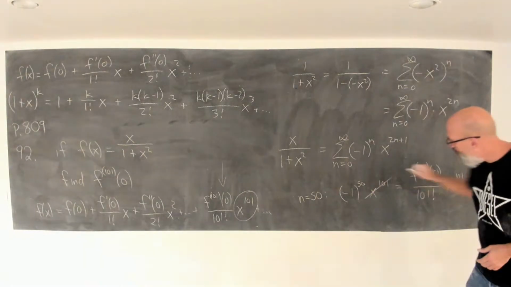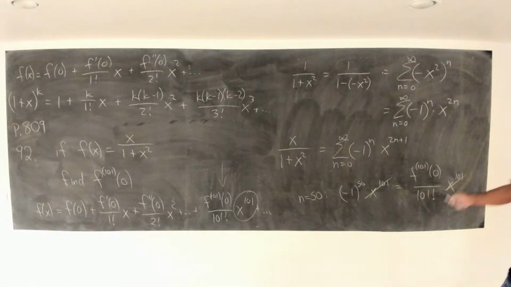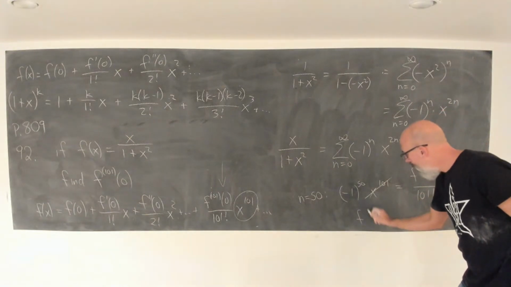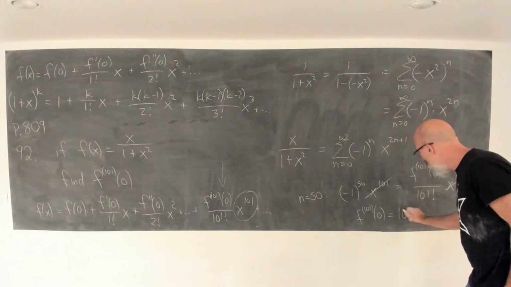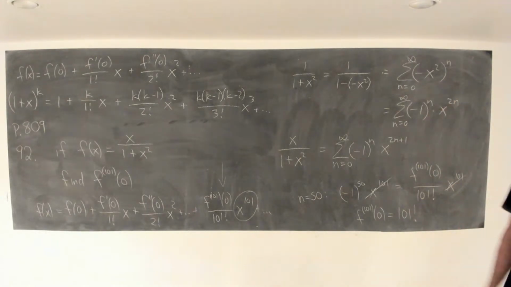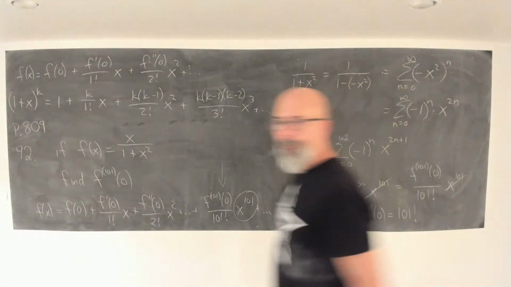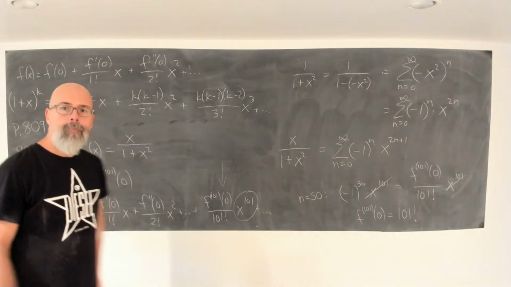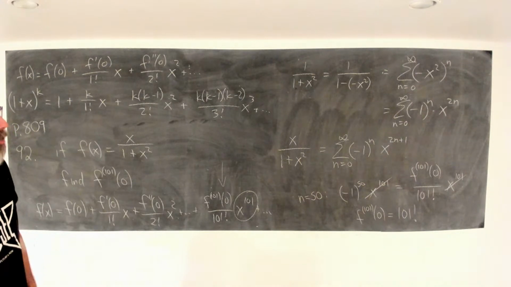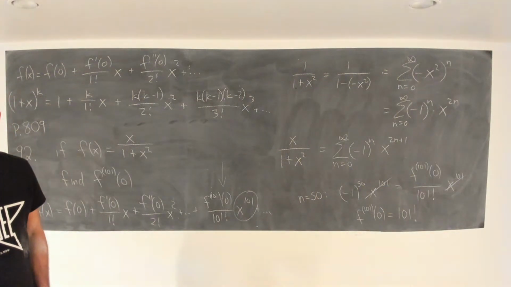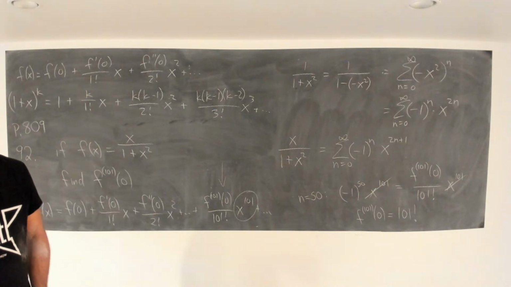Right, so I mean, if you forget this, and you see that f to the 101 at 0 is 101 factorial. Where did that plus 1 come from? Lushal, I'm sure you know where that plus 1 came from.